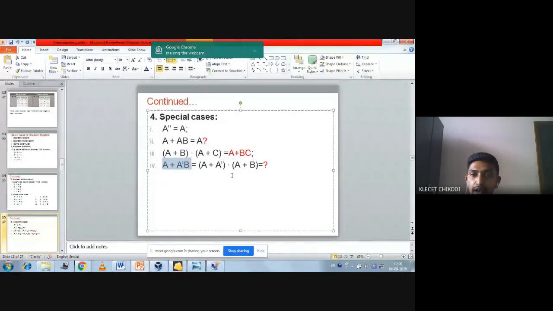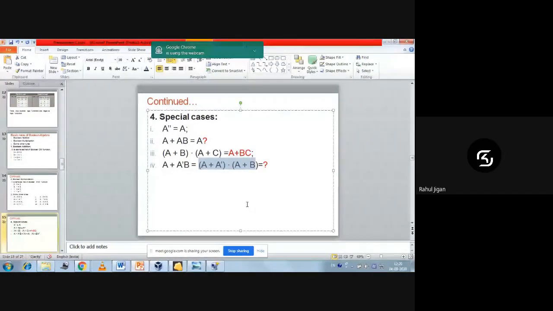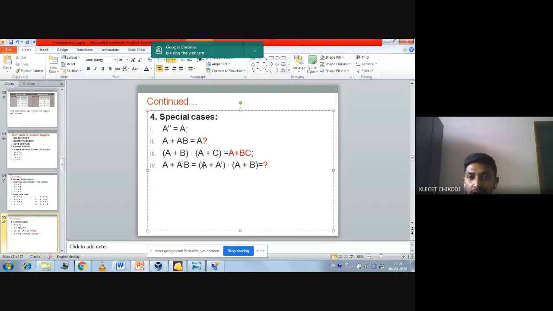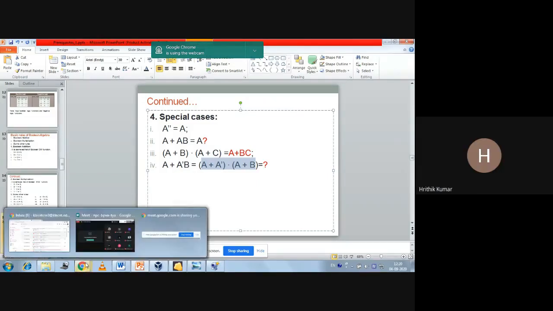So what is the final value we will get here? Now can anybody tell me how I have got this? I have written the next step already here. Now we have to solve this one. Can anybody tell me how I have written this step? It is the same as the third equation.